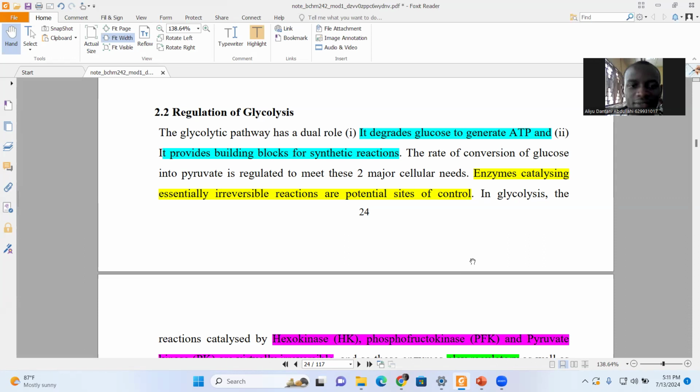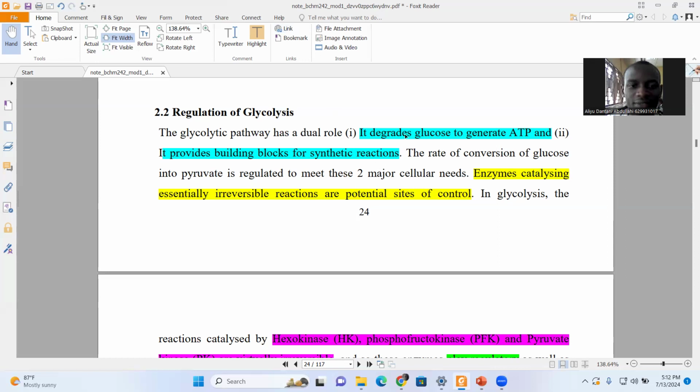When there's a need to synthesize some macromolecules in the body, the anabolic reactions will become active. Basically, the rate of conversion of glucose into pyruvate is regulated by these 2 major cellular needs. It degrades glucose to generate ATP, and provides building blocks for the synthetic reactions.